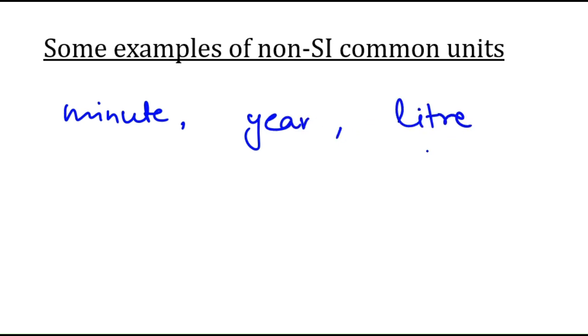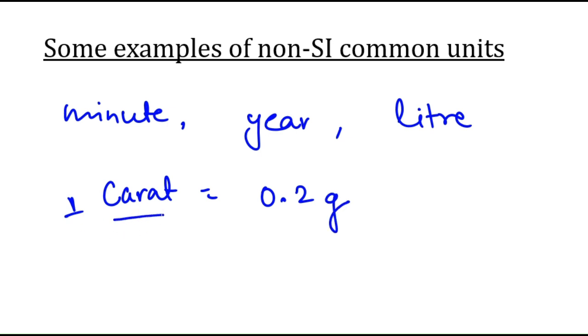Liter, of course, carat. Okay, 1 carat is 0.2 gram. Just remember this thing. And yes, one more thing here. This carat is different from the carat we used to talk about for gold jewelries. Suppose you have heard about 18 karat gold or maybe 22 karat gold.